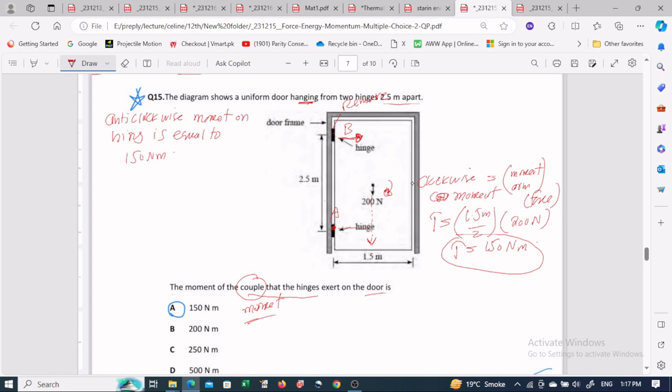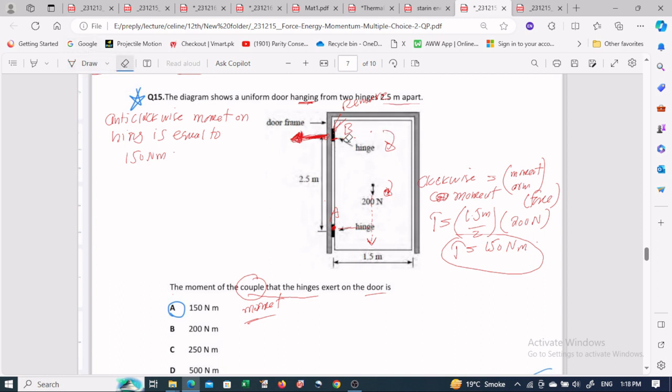It means that in order to have equilibrium, there is an opposite force required, acting opposite to this force. If we remove this, the door will tilt in this direction. Since it is in equilibrium, there is a balancing force acting towards the left side.